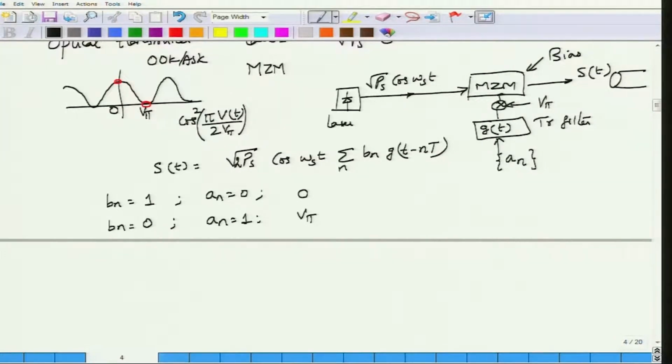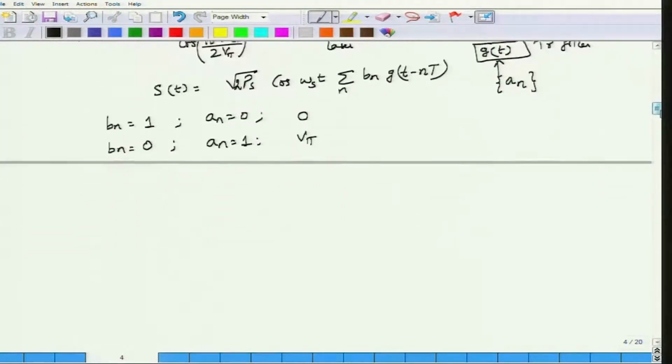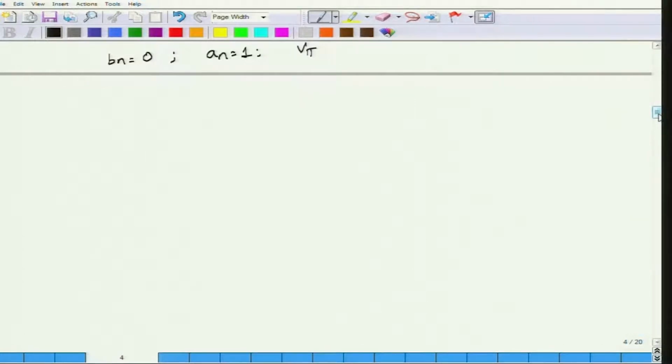Now, you might also say, is there a way to utilize more number of amplitudes? Rather than switching between symbols say 0 and 1, can I switch between symbols which we will call symbol 0, symbol 1, symbol 2 and symbol 3.